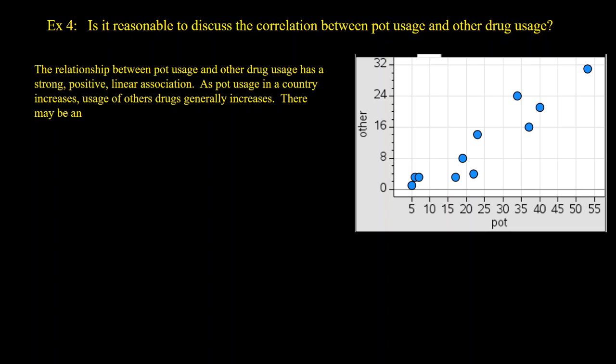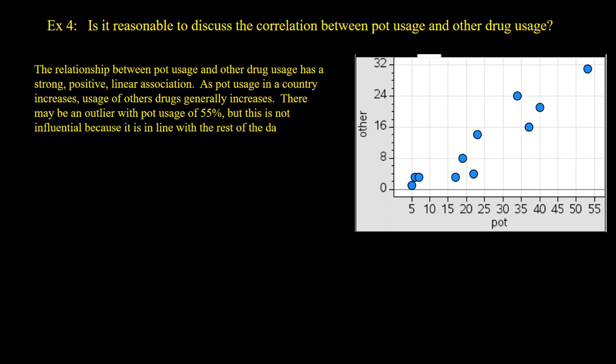There may be an outlier with pot usage of 55%, but this is not influential because it is in line with the rest of the data. So we used DUFS, and we used context. We compared what's going on. We said, in general, as pot usage increases, other drug usage increases as well.